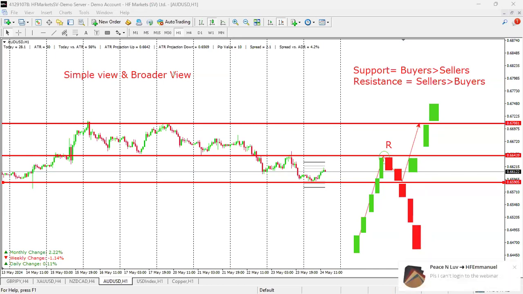But it is the same resistance. So the resistance that took price lower a little bit like this, and price still returned up, and the resistance that took price down this way, what do you think is the difference between both resistances? And how do you spot the resistance that can only alter direction of price for a short period of time, and the one that can alter price over a long period of time? The truth is this: you never know. No lines can offer you that.